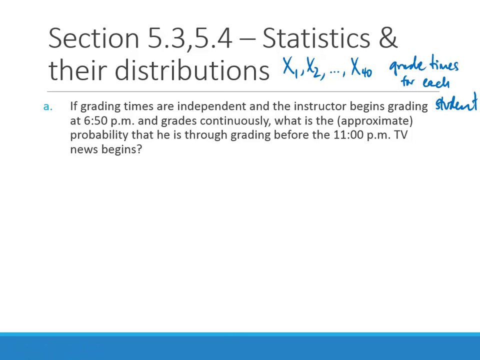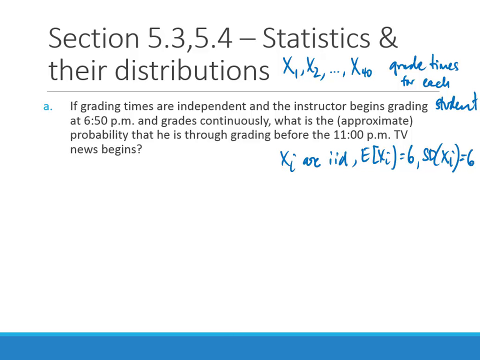We're told they're independent and all have the same distribution, so the Xi are IID, a random sample with mean 6 and standard deviation 6. That's what was given to us on the previous slide.